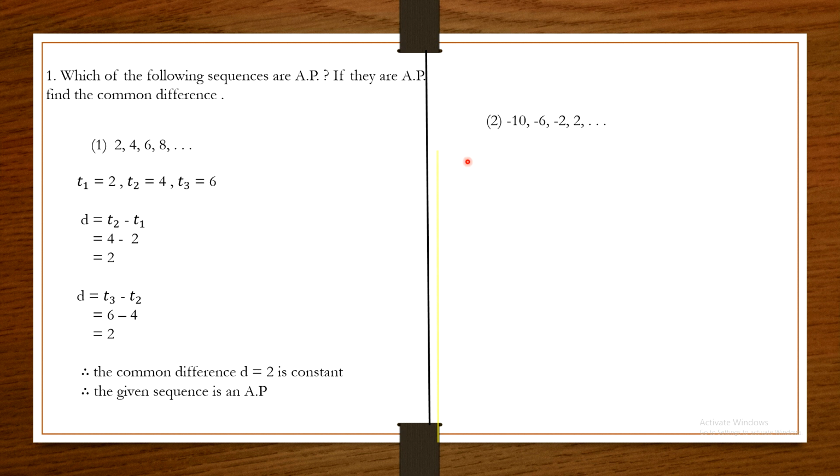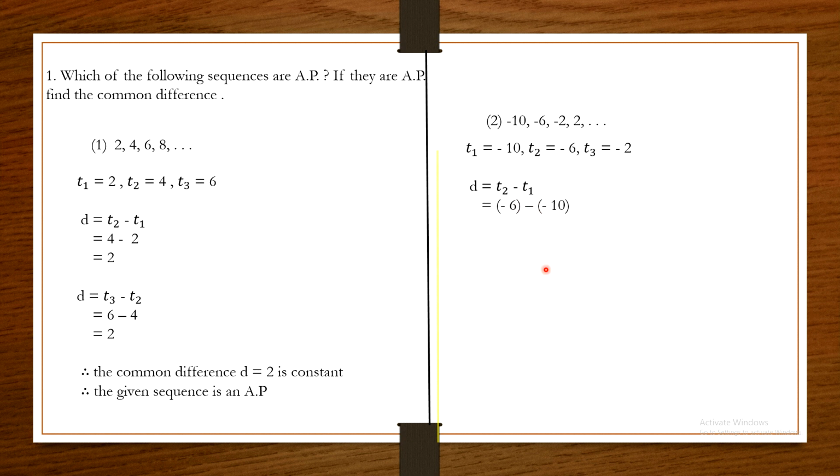Take another example. The sequence given is minus 10, minus 6, minus 2, 2 and so on. So the first term is minus 10, T2 is minus 6, T3 is minus 2. Let's find T2 minus T1, minus 6 minus of minus 10. So this minus minus becomes plus.